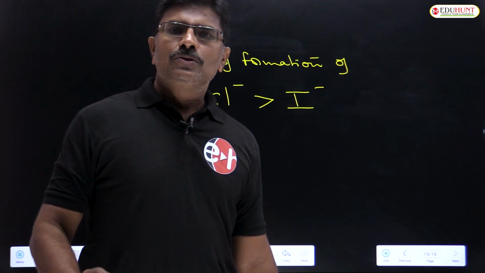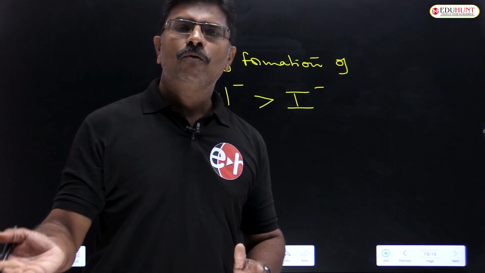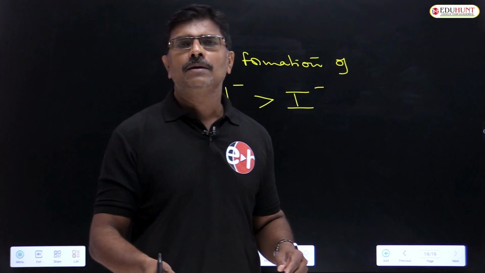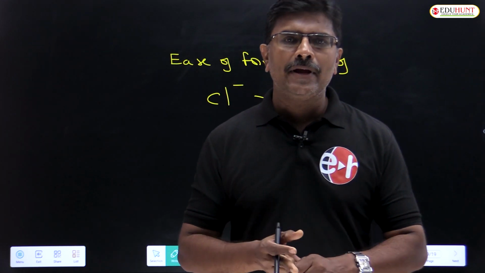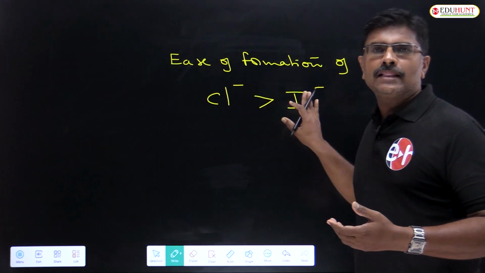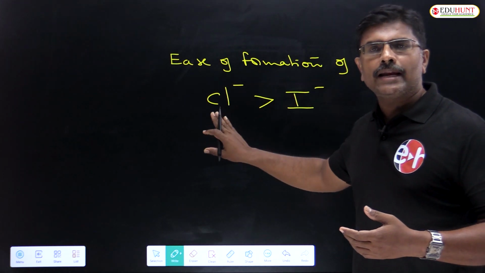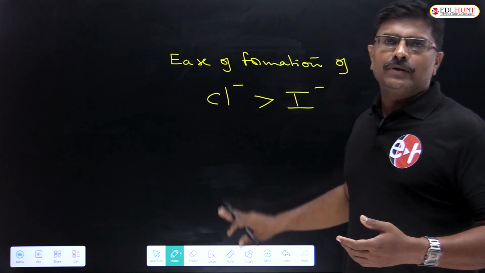So Cl minus is formed more easily than I minus. What might be the reason? The reason is simple: chlorine is the element with the highest electron affinity. So it can take up the electron very easily compared to iodine. So chlorine can convert itself into chloride ion more easily than iodine.